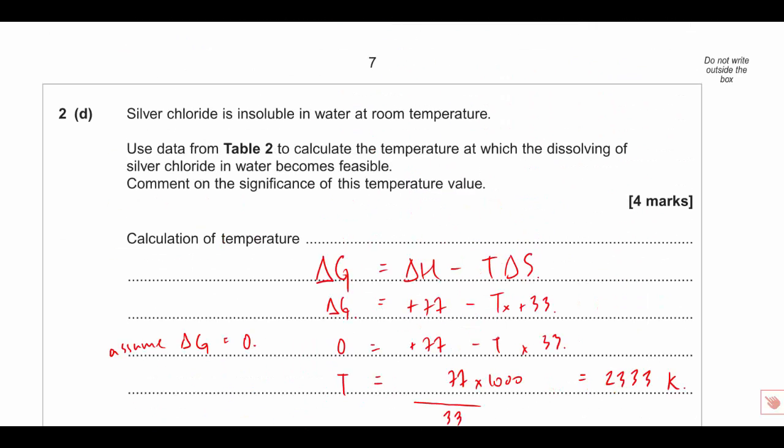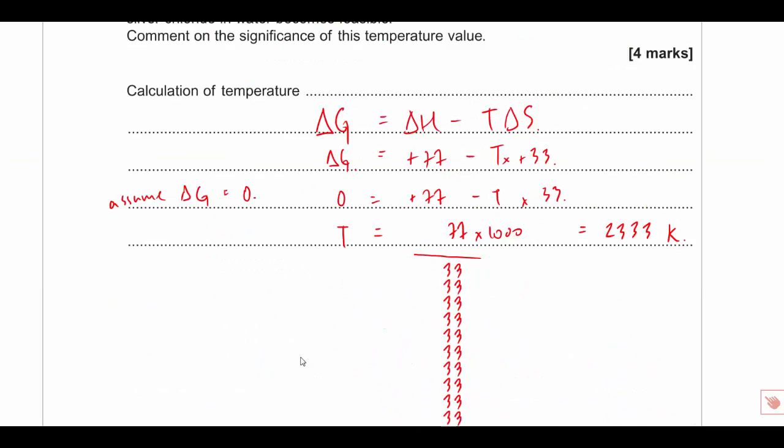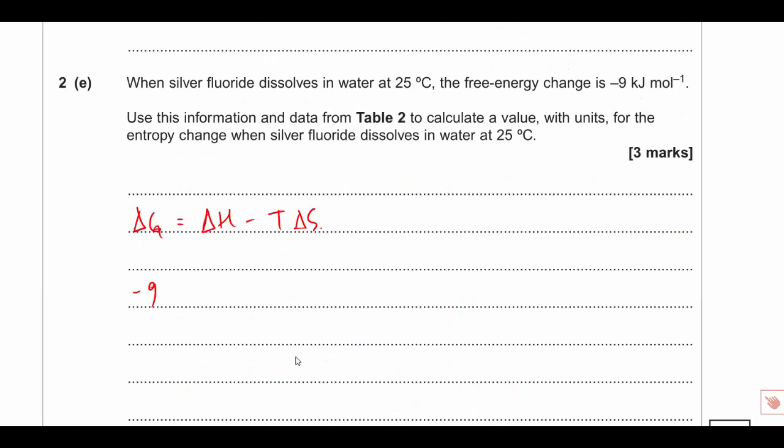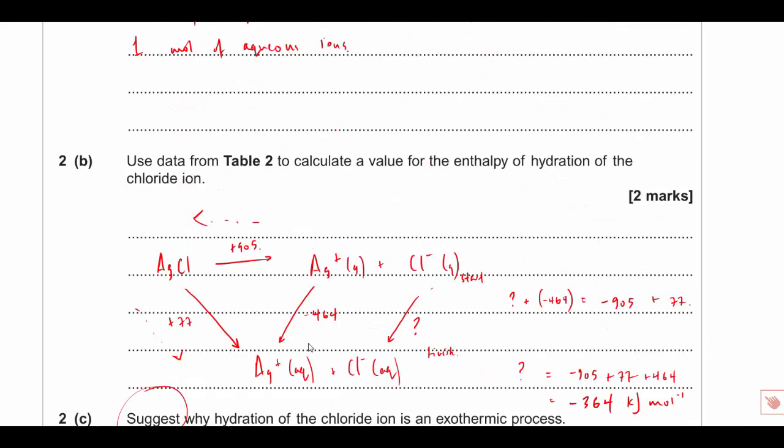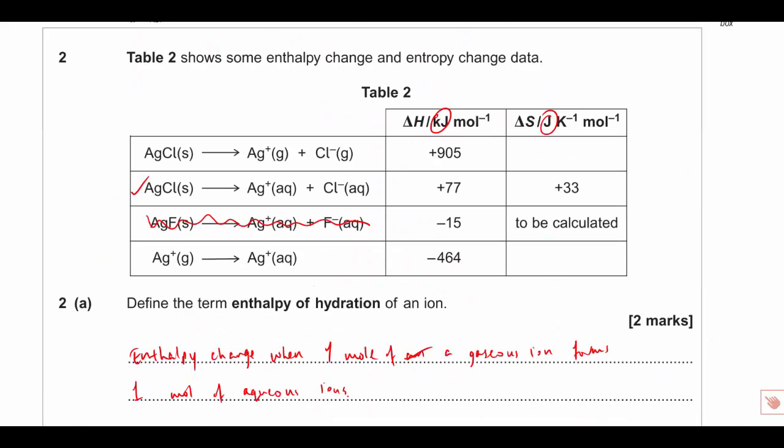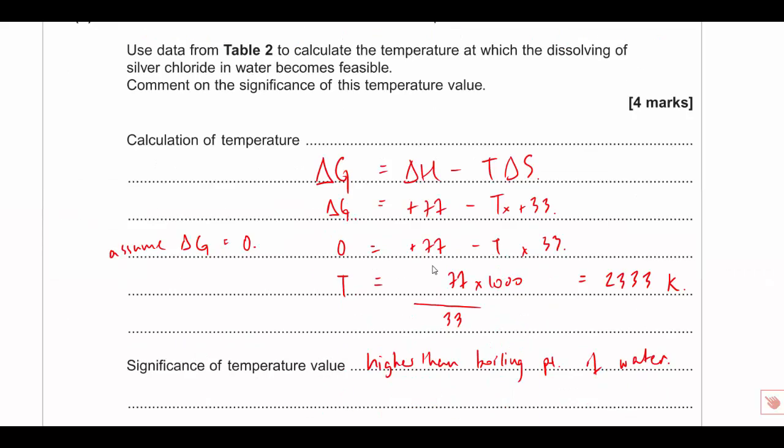Where are we going now? Let's have a look. What am I doing? Silver fluoride this is now, yeah. So enthalpy change is -15, and I'm going to calculate the other one.